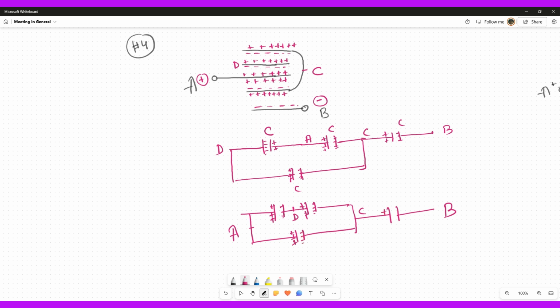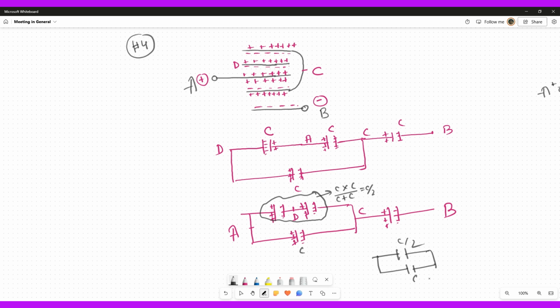And this is plus. This is minus. Now, these two capacitors are in series combination. So, what is the equivalent capacitance over there? This one has value C. C into C divided by C plus C. This is C by 2. This one C. So, the equivalent capacitance of this is C by 2.